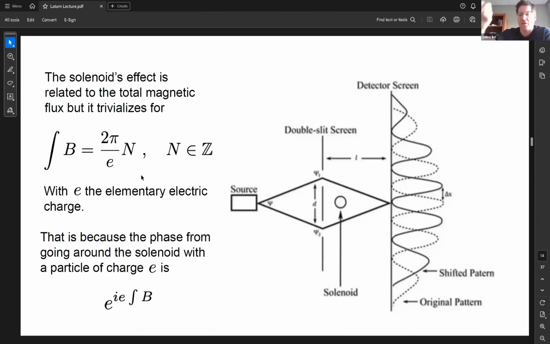And the additional phase that you accrue going one way versus the other way is the exponential of i times the fundamental charge times the flux. So that's why this is the correct equation. Because if this condition is satisfied and you plug it here, then you get that the phase is 2 pi i times an integer. So it's going to be just trivial. Otherwise, the phase is non-trivial.